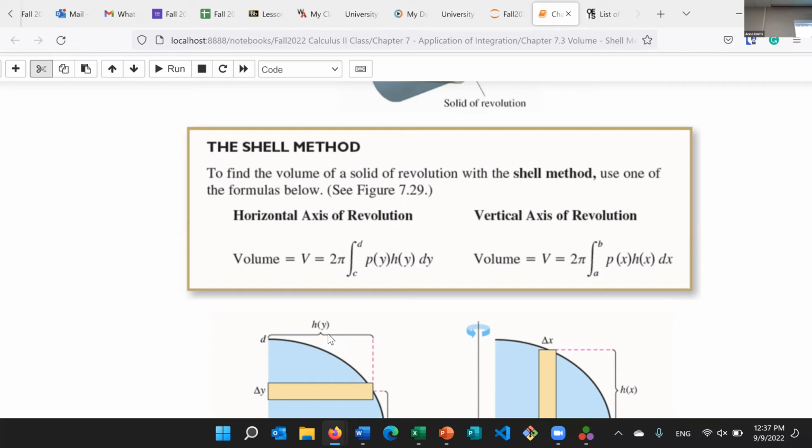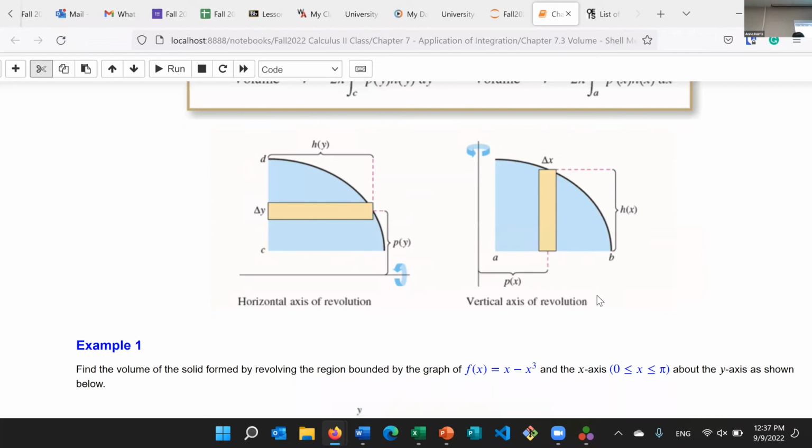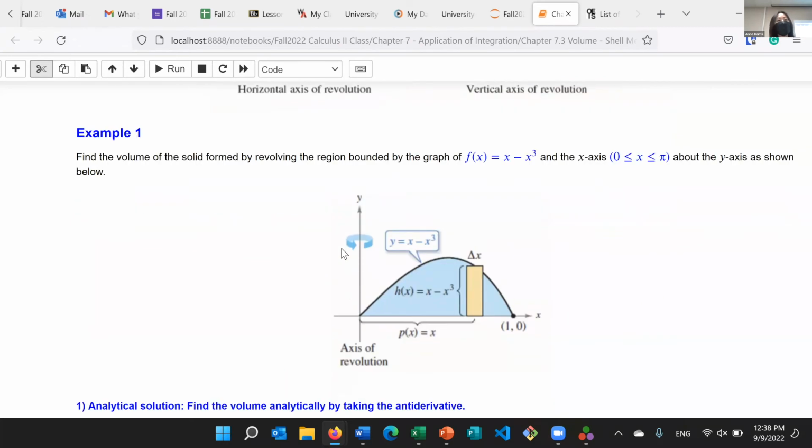Everything to be in terms of what? X. Okay, let's look at the problem, and the problem makes sense to you. The shell method is what? Height. The height will give you what variable to use. And if your height is like this, a horizontal one, then what do you get? dy. Are you with me? If it's vertical, what do you have? dx. Are you with me, class? Okay. Remember that, because it could have been confusing to you since you learned the disk method, and the shell method is exactly opposite. All right.